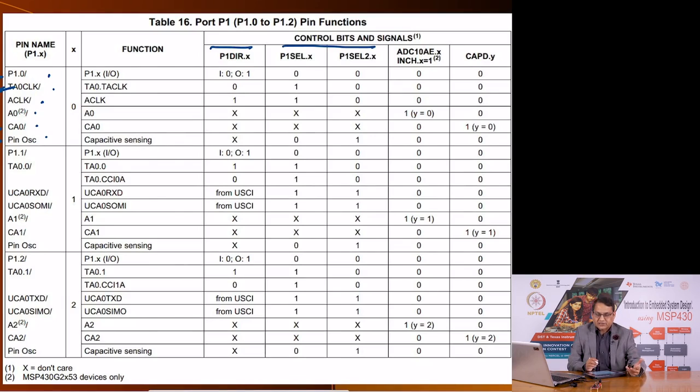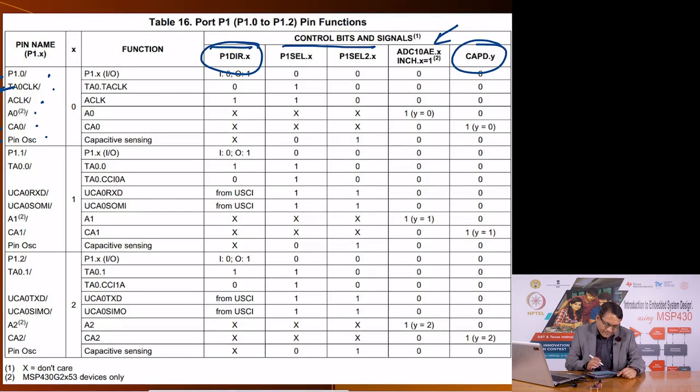These are select registers. So, let us simplify it: a select register and a select 2 register associated with each port, which means P1 would have a select register, P1 would also have a select 2 register, P1 would have a direction register, P1 would also have registers associated with the ADC, and P1 would have registers associated with the capacitive sense functionality.